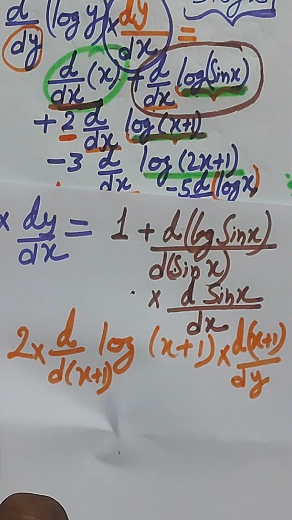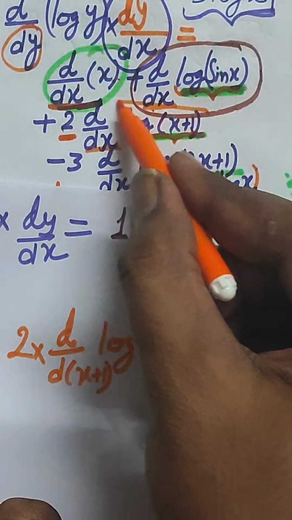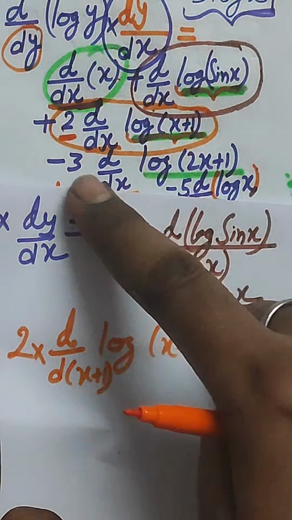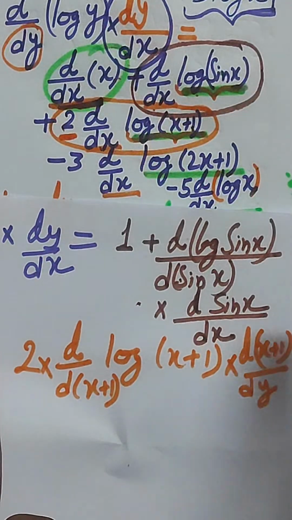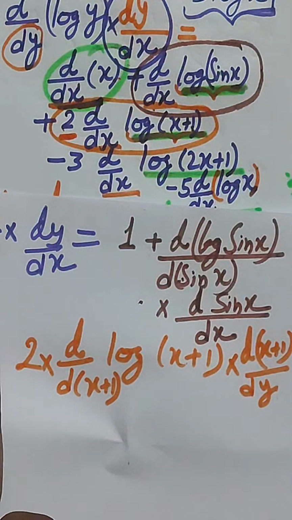And in this way we did for the third term of RHS. Now two terms are left. Minus 3 times d by dx of log of 2x plus 1.